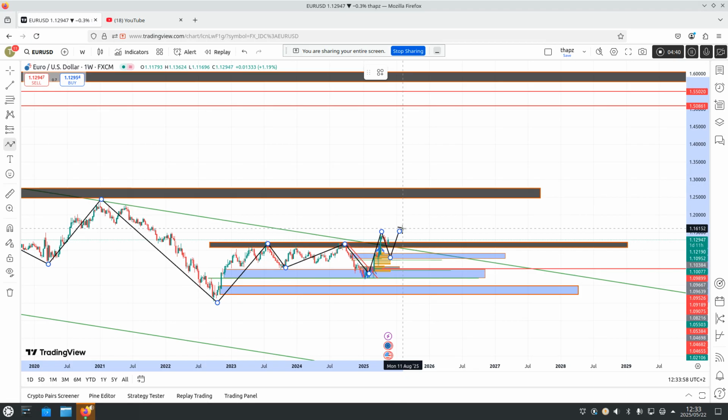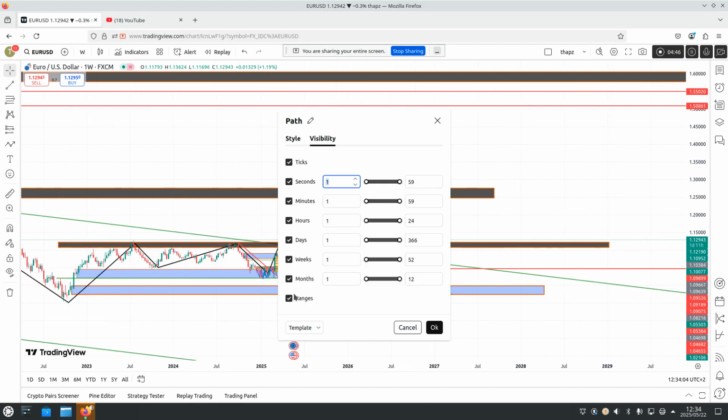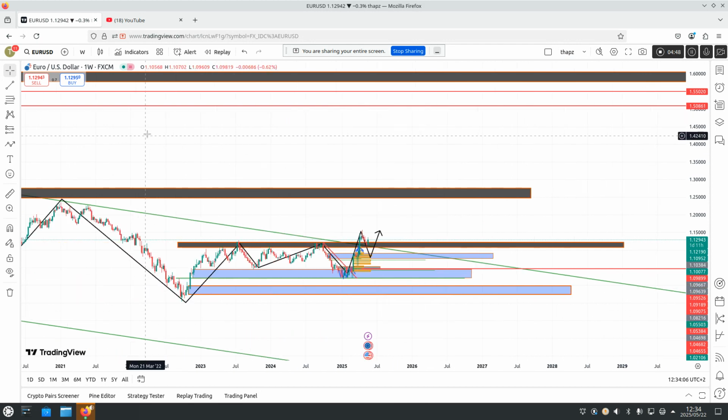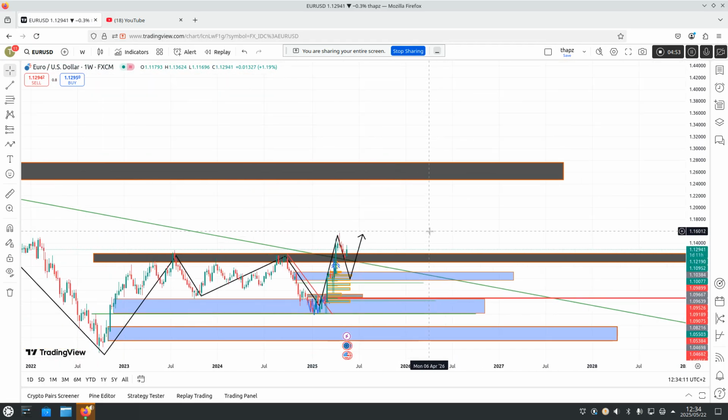That's how I'm looking at it. From the latest demand zone created at this time frame, I'm looking for a buy.